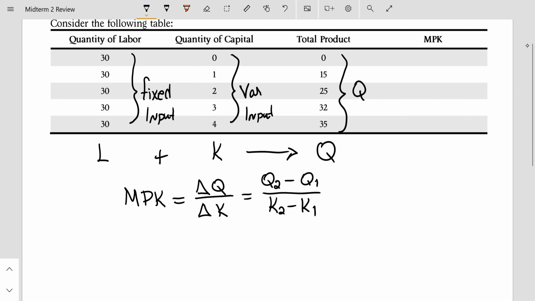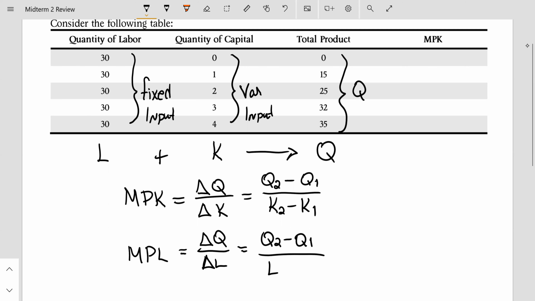Now, just another thing to consider, say labor was variable and capital was fixed, you can come up with your MPL, marginal production of labor. And the only difference is taking the change in quantity over the change in labor. And so how would you interpret these?